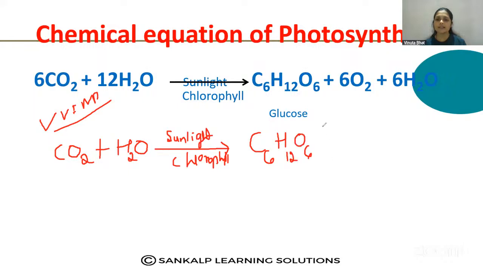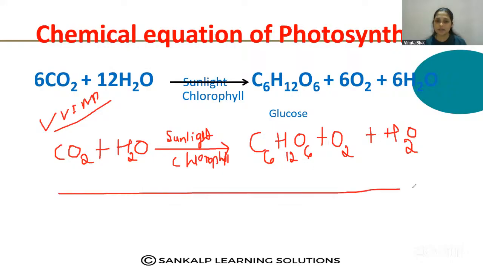Okay. Then in this process, oxygen is also released, O2, and a small amount of water is also released in this process. So this is the chemical equation, but you have to write the balanced chemical equation.